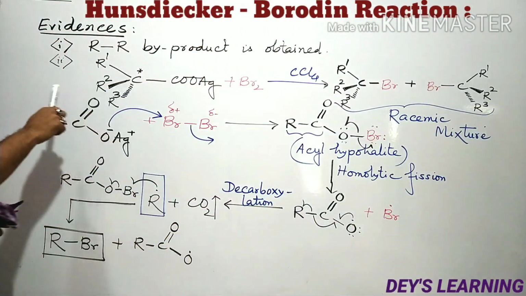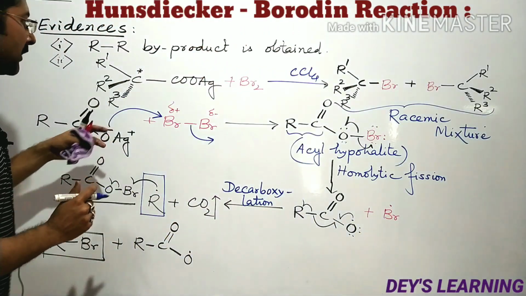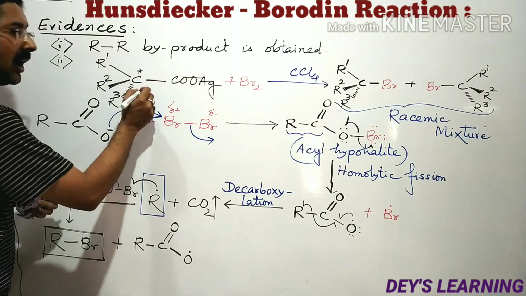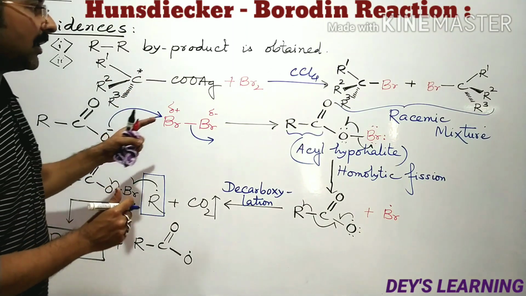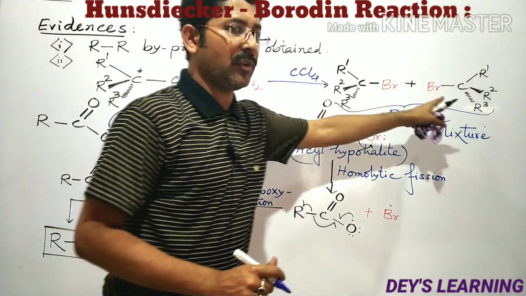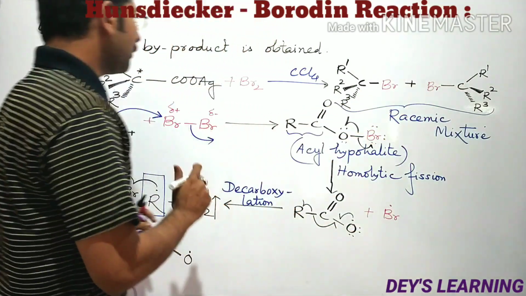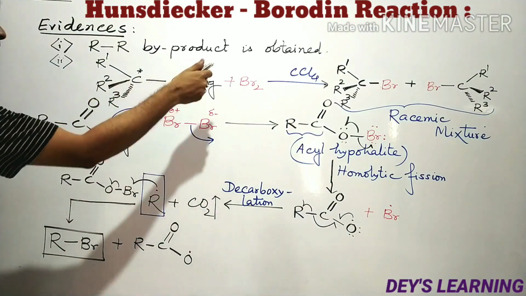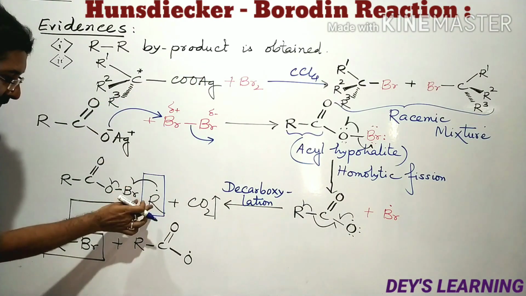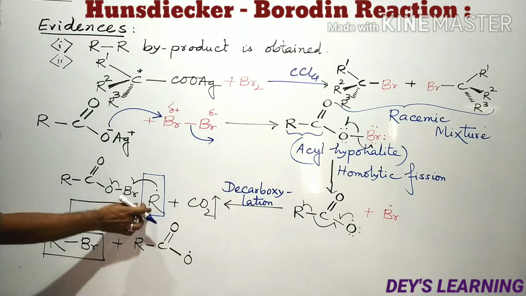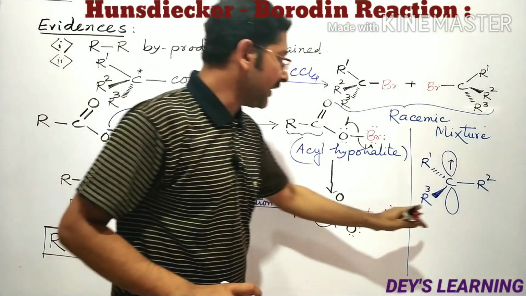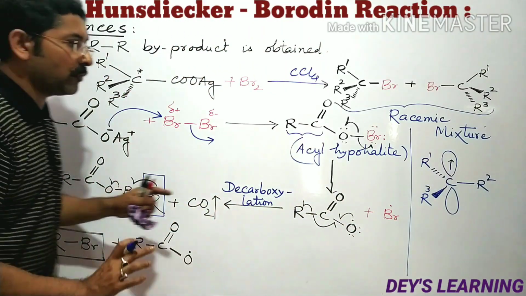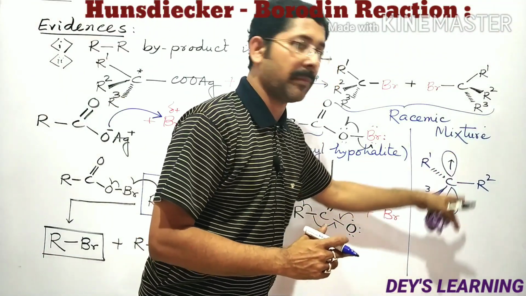So actually, if the configuration of the chiral center is R, then obviously the product will be a mixture of R and S. So the asymmetry is lost there. This can happen only if this free radical is formed, because we know a free radical is planar. So the addition of the Br dot occurs from either side of the plane.